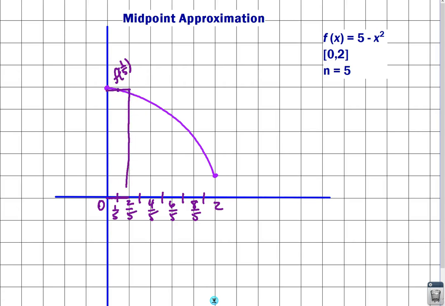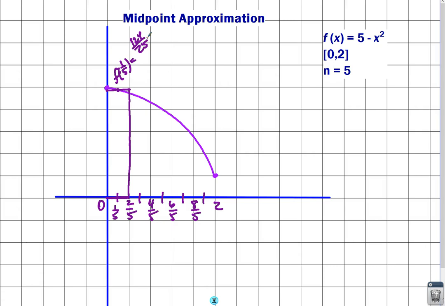And I feel a little bit more confident about that because I've got a little bit underneath and a little bit over. So maybe we're going to be a little bit more accurate. Okay, so f of 1/5, if I plug that in here, that's going to give me 124/25. So that is the height of this first rectangle that I have drawn here.